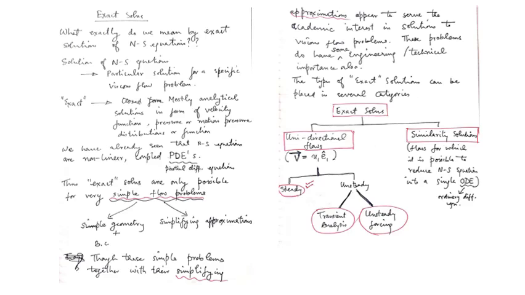Now, as I have indicated below the box, what is a unidirectional flow? A unidirectional flow is a flow where the velocity field or the velocity vector is simply aligned along one of the coordinate directions. Depending on the type of problem, the geometry and the coordinate system that one may choose, that is left as an exercise for a given problem.